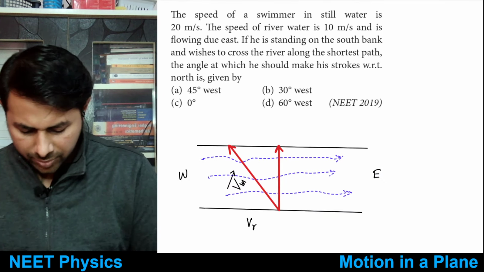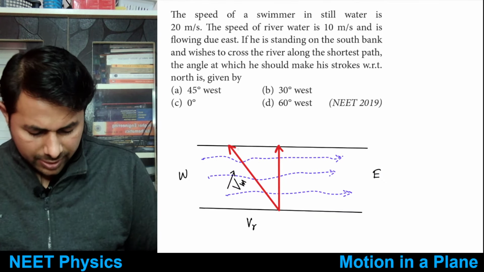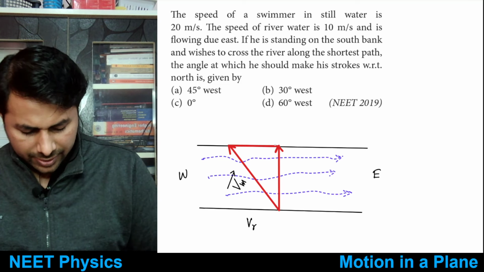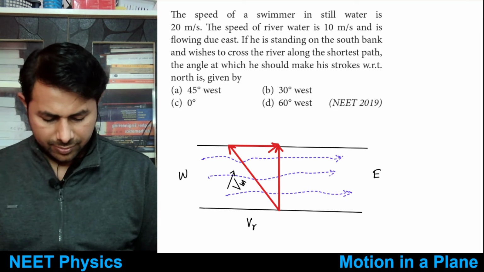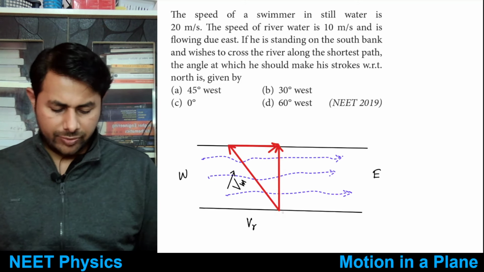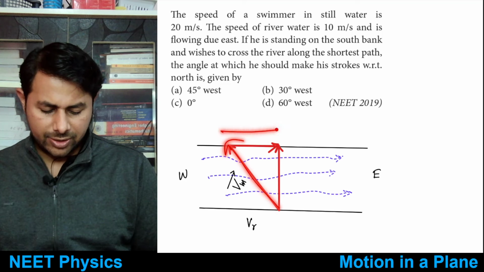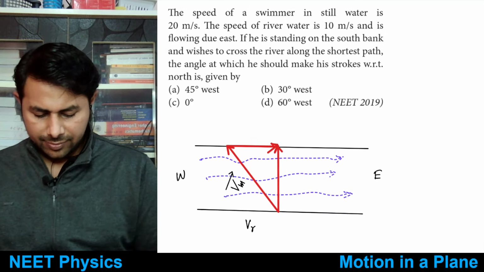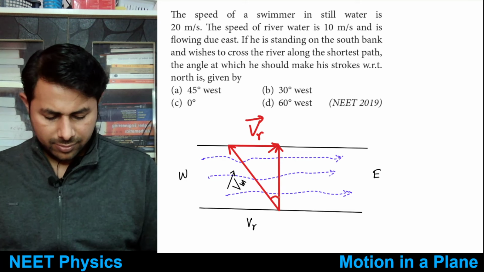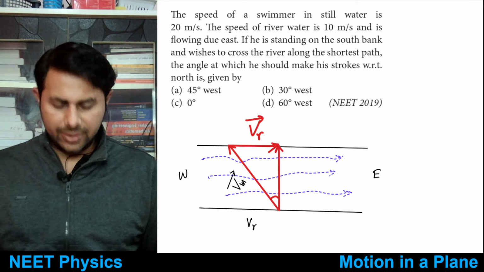All right, velocity of river is like this, and the effect of the two is such that he moves in this direction along the shortest path. Okay, so velocity of man is directed like this, velocity of river is like this, and this is the angle theta.